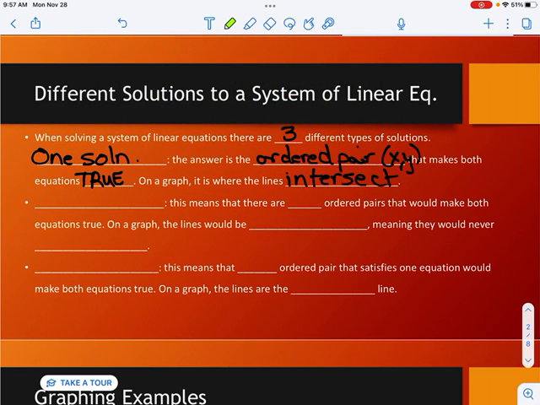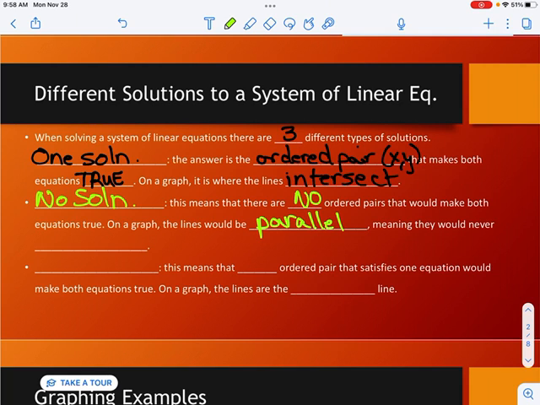Now we're going to talk about the two new, or special, ones that occur. The first one is a no solution answer. This means that there are no ordered pairs that would make both equations true. On a graph, the lines would be parallel to each other.